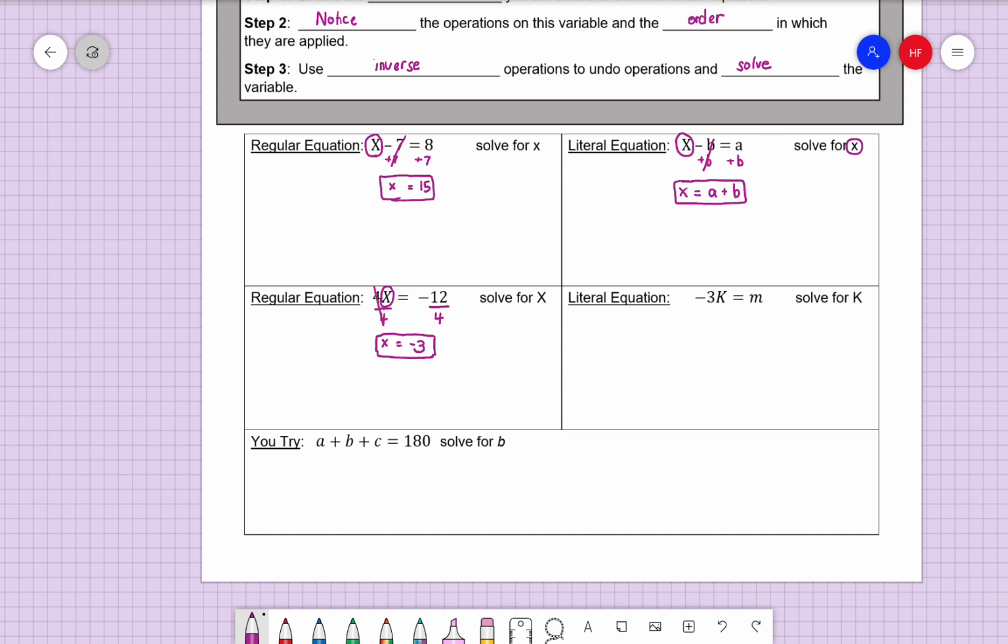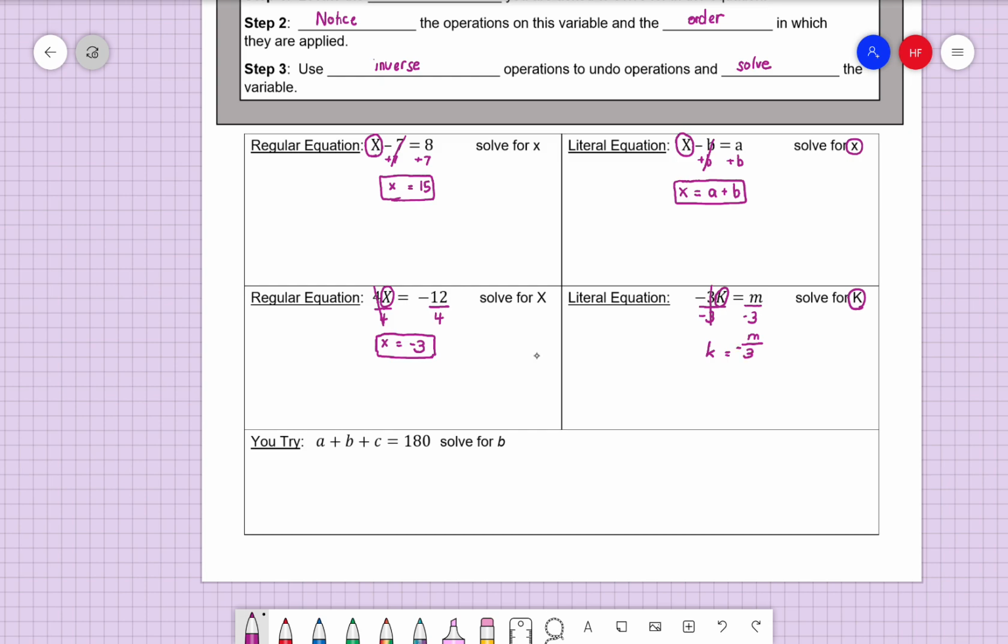So then for the literal equation side, I'm solving for k. That's my goal, to get this k by itself. So I'm going to divide by negative 3 since it's multiplying. These two cancel. I have k on one side equal to, and I cannot combine a variable with a number and say that I'm done.